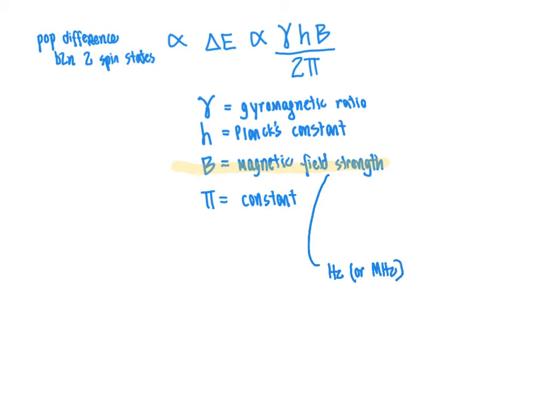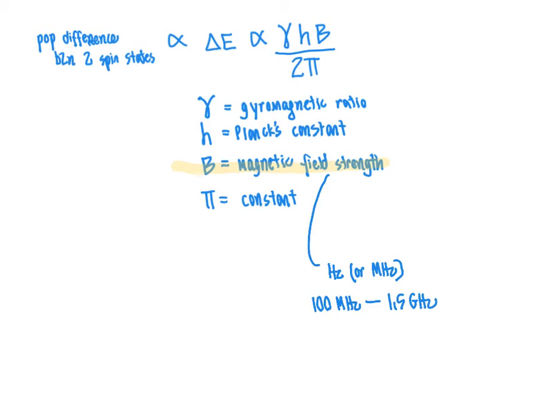And what is typical in NMR today is that generally instruments range from 100 megahertz to 1.5 gigahertz or even more in some cases. But 1.5 gigahertz is generally just about the top of the line.